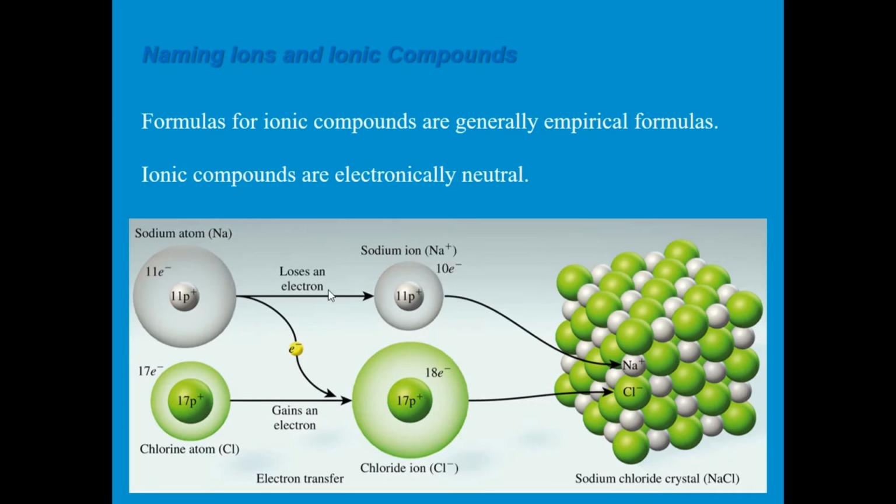The sodium will lose an electron and be positive, so that's a cation. This is a weird thing: a cation loses an electron, which is negative, so it becomes positive. An anion gains an electron, so it is negative. So normally the charges balance out. That's how you know how many of each atom there are in the formula.